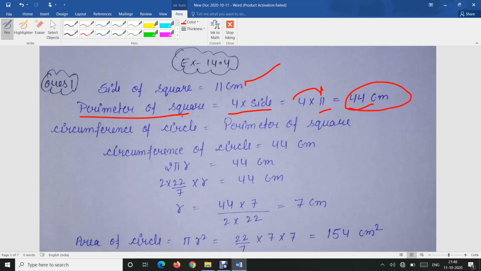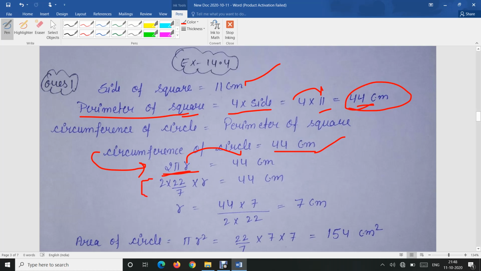Now if perimeter of square is 44 centimeter, then the circumference of the circle will also be 44 centimeter. Now you can apply the formula for circumference of circle, which is 2 pi r, and the circumference is given, so you can put them equal. So 2 pi r is equal to 44 centimeter.